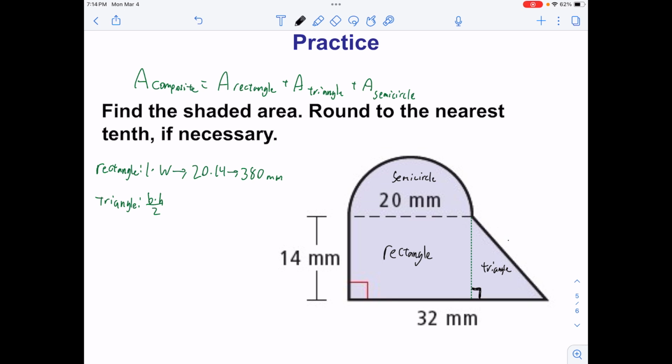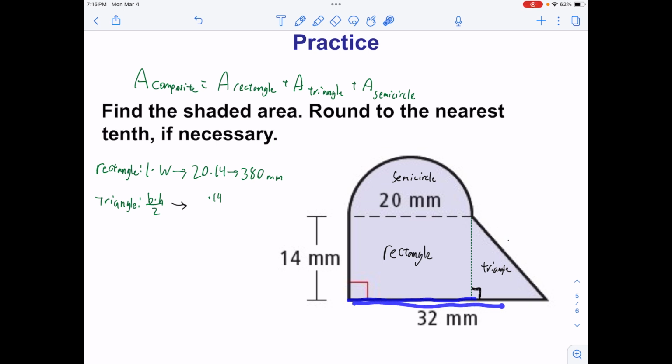So that's a right triangle. So that means this side right over here can represent the height of the triangle. This can represent the base, which means the height, we know what this side is. It's the same as this side, 14. So 14 times, we need the base. We need that side. But all I have is the full length right over here, 32. And this length right over here, 20. So 20 goes from here to here.